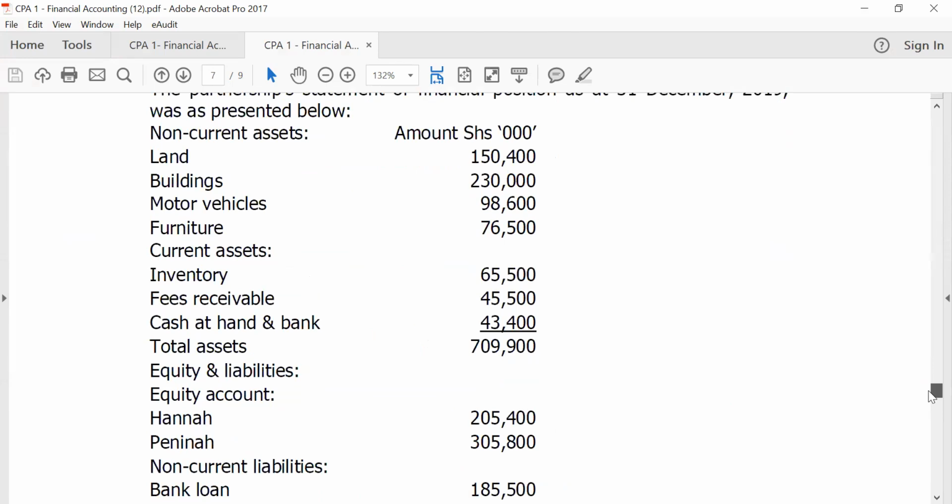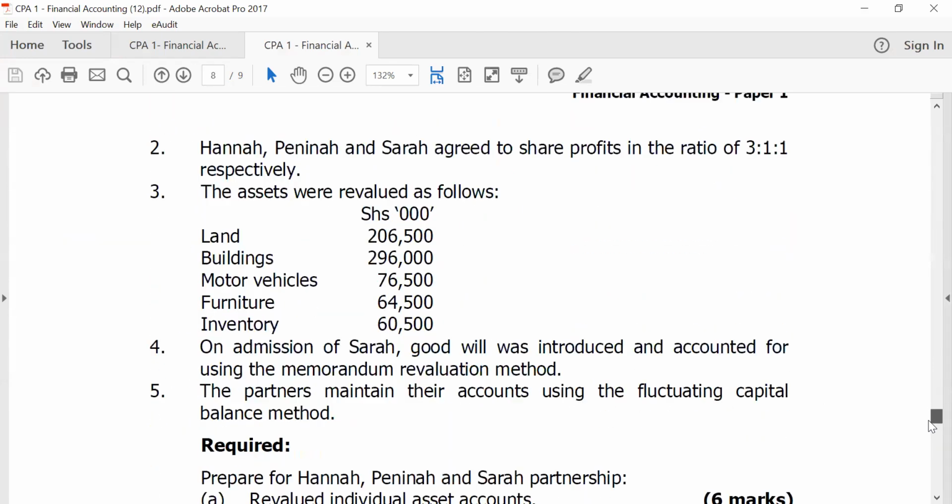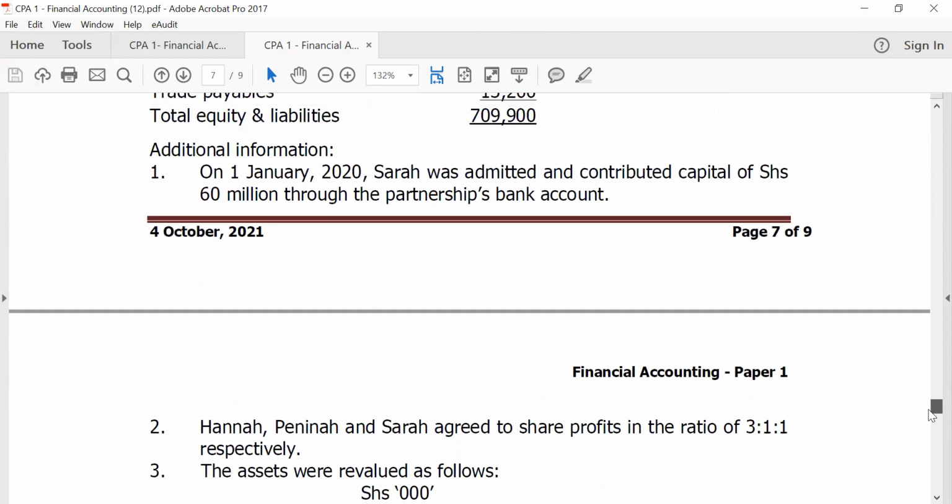Even inventory has a new value. Fees receivable remains unchanged. Cash at bank, you see if there are any changes in cash and bank.